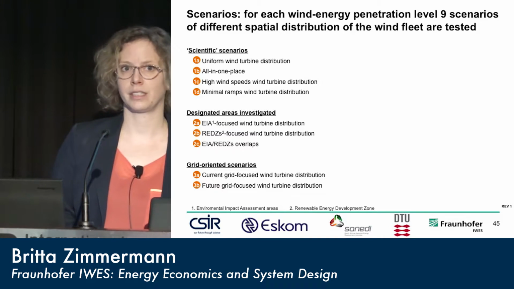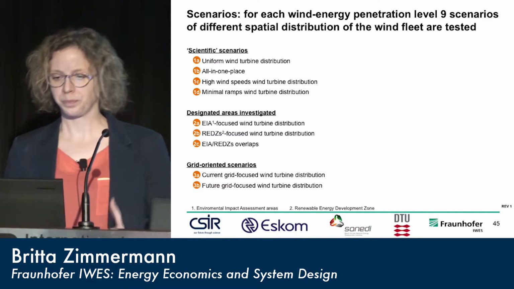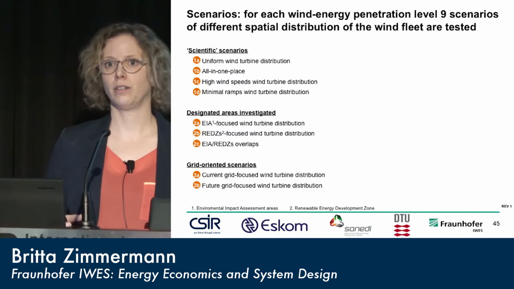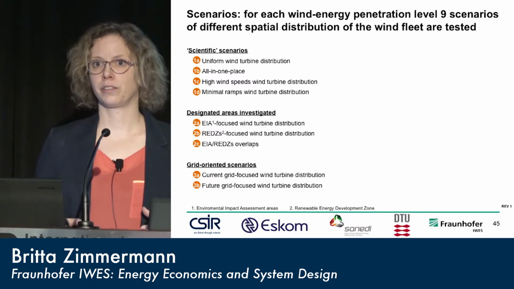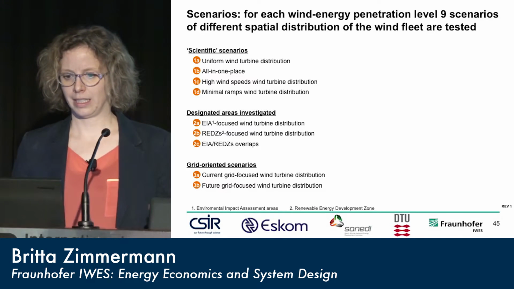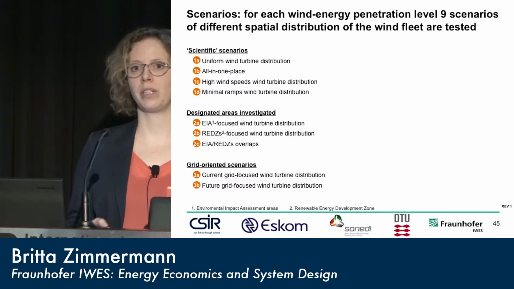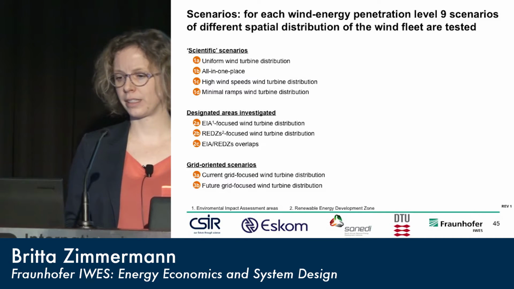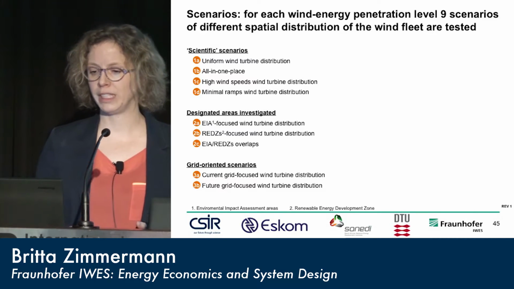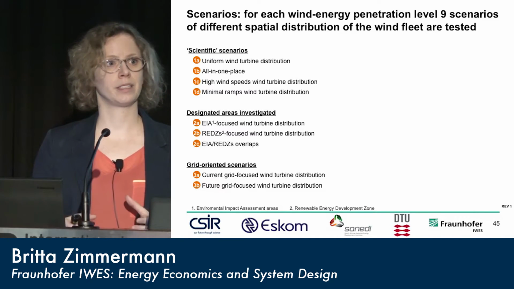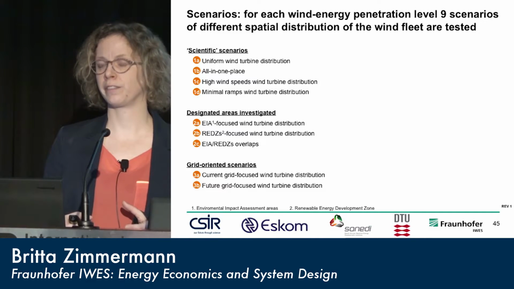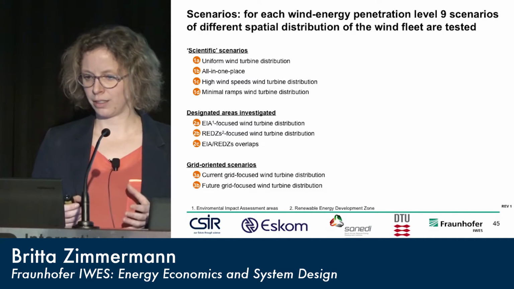The first one is the uniform resource distribution, where we assume that the whole country is used for distributing turbines. And then on the opposite, we have a second scenario, which is called all in one place. Here we assume that all the capacity we need can be put into one pixel, so into one of the 25 square kilometers squares.